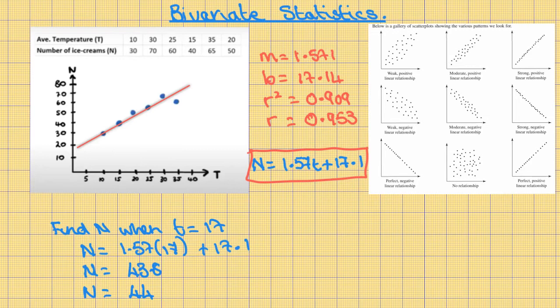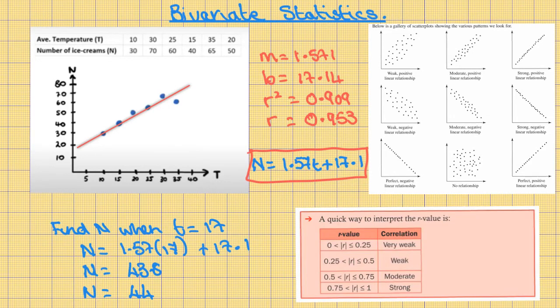The closer the R value is to 1, the stronger the relationship between the two variables is. A perfect relationship would have an R value of either +1 if the relationship was positive and -1 if the relationship was a negative relationship.